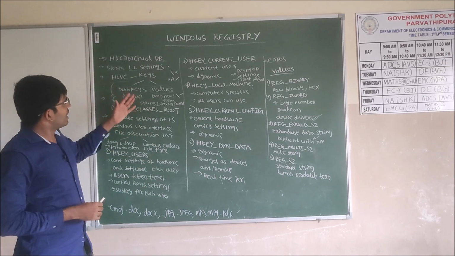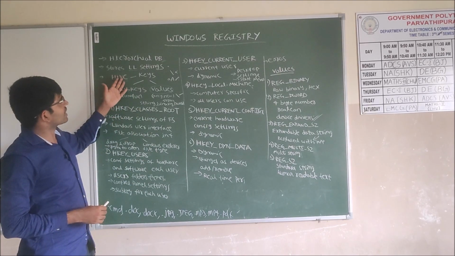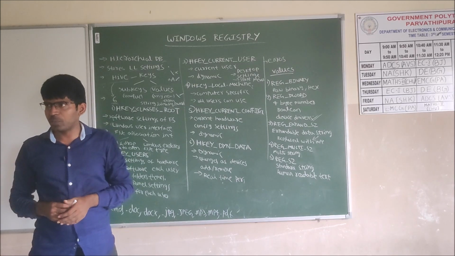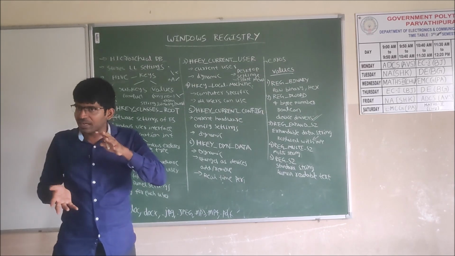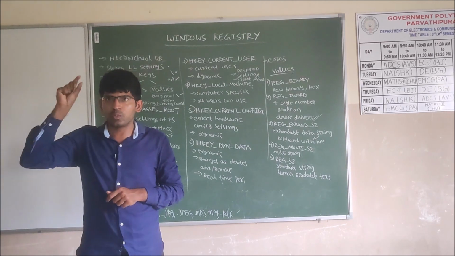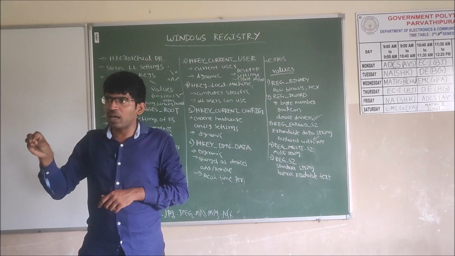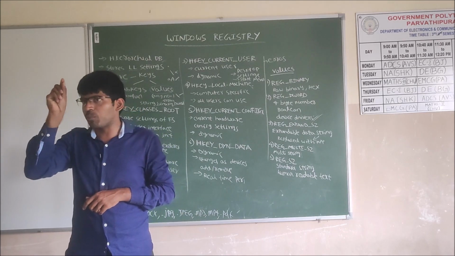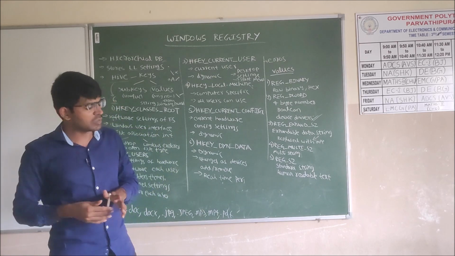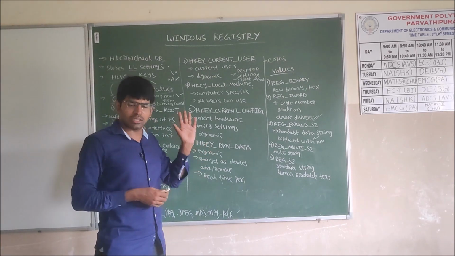Similarly, here the top of the hierarchy is the hive. We will discuss later what a hive is. So in this entire registry, the main folder is called a hive. We have 6 such hives, but in today's computers, we only have 5 hives. We are not using the last, 6th hive.